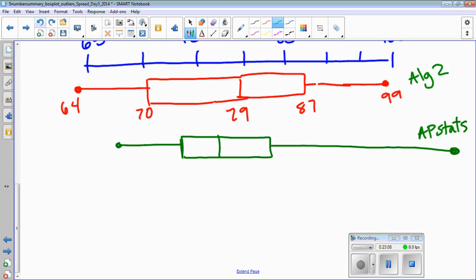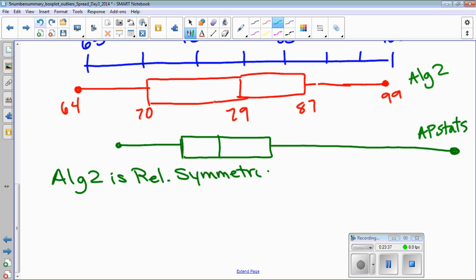Now, why am I using the word relatively? It's not perfect. It does, to me, look like this box is a little bit smaller than that one. Wouldn't you agree? There's probably some more values here than there are there, but relatively symmetric. So that's a word I would use. So Algebra 2 is relatively symmetric.